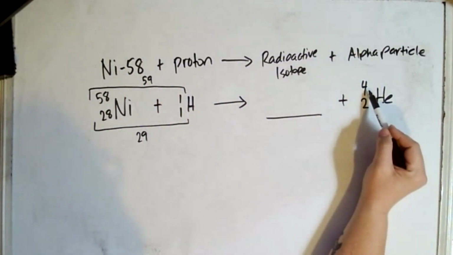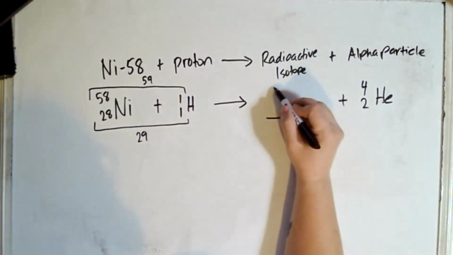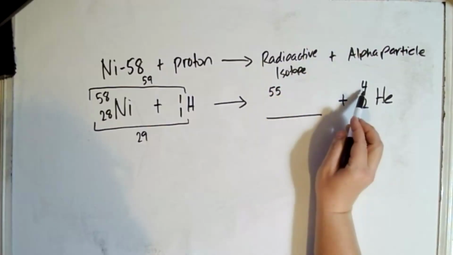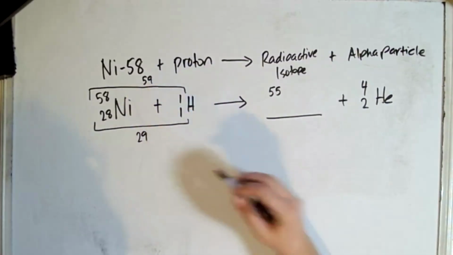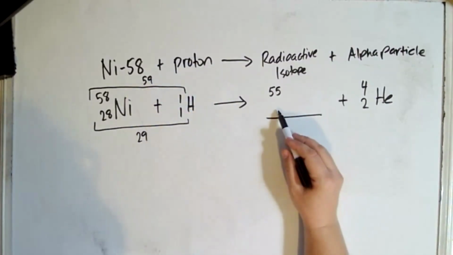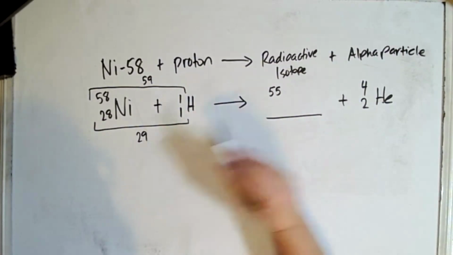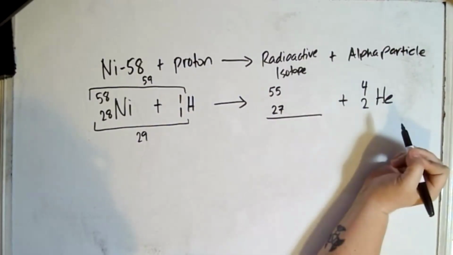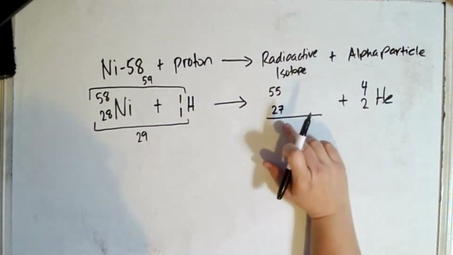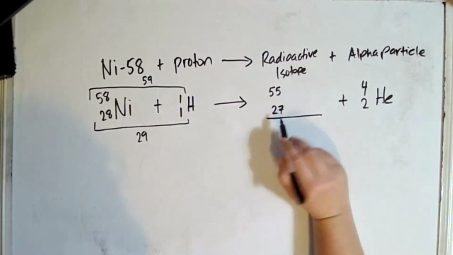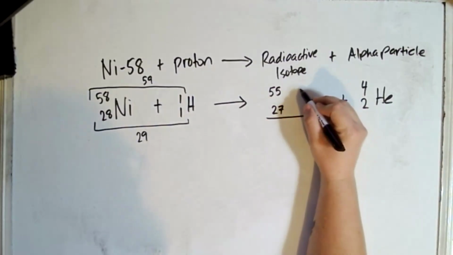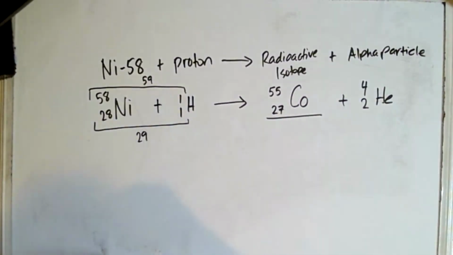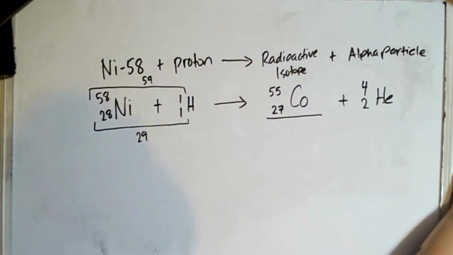I already have 4 over here, so my missing mass number must be 55. 55 plus 4 is 59. For my atomic number, it has to add up to 29. This is 2, so my missing atomic number has to be 27. And then I look on my periodic table to find the element with atomic number 27, and I see that it is cobalt. And that's going to be my complete balanced equation for that bombardment process.